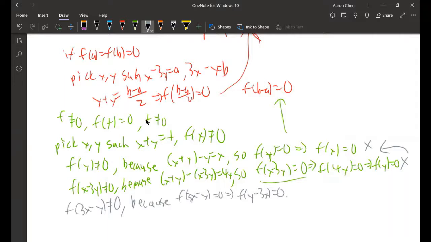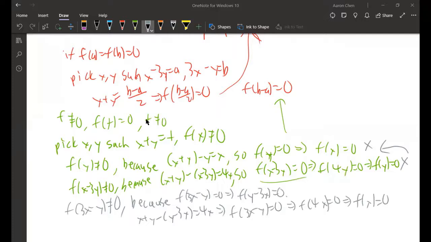And so since we know that x plus y minus 3x is equal to 4x, this means that f of 3x minus y being equal to 0 would imply that f of 4x is equal to 0. And so that would mean that f of x is equal to 0. And so once again, we can see that this is a contradiction.